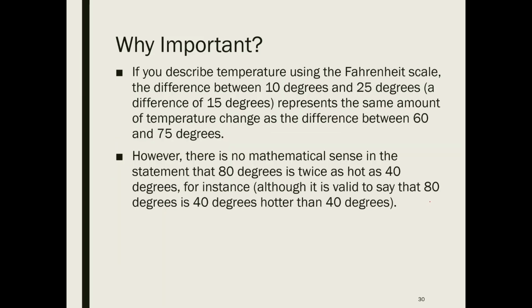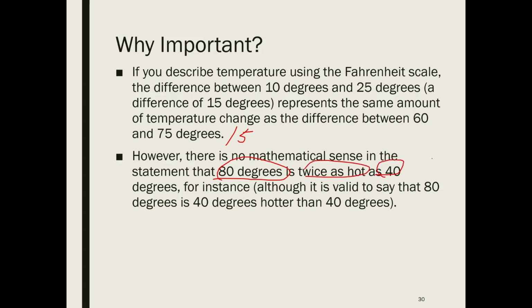For example, if you describe temperature, the difference between 10 degrees and 25 degrees is about 15 degrees, right? That should be the same as the difference between 60 degrees and 75 degrees, also 15 degrees. So it could be the same. However, there is no mathematical sense in the statement that 80 degrees is twice as hot as 40 degrees.